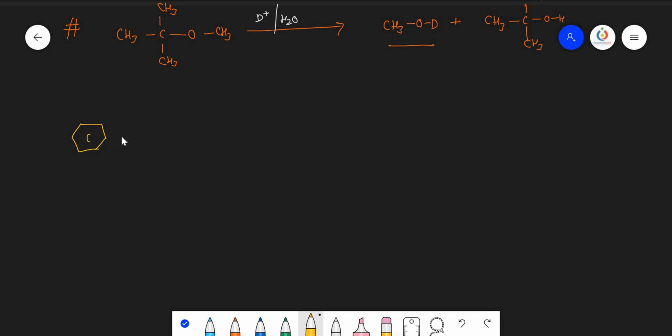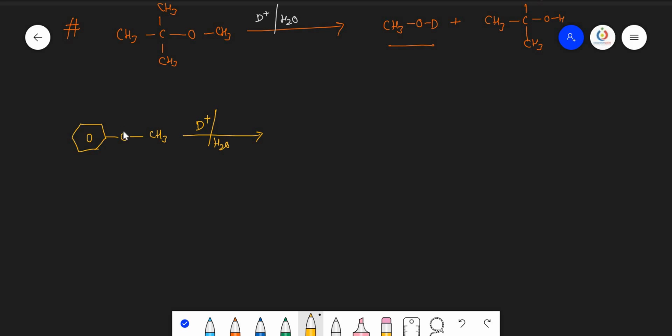So what happens if this undergoes hydrolysis? Because a phenyl group is there, now I am taking the D plus and H2O. Always remember that never and ever try to disconnect the bond between the benzene ring and oxygen, or the benzene ring with the halogen. It is impossible. Why?